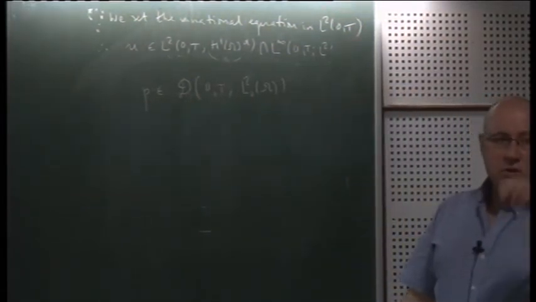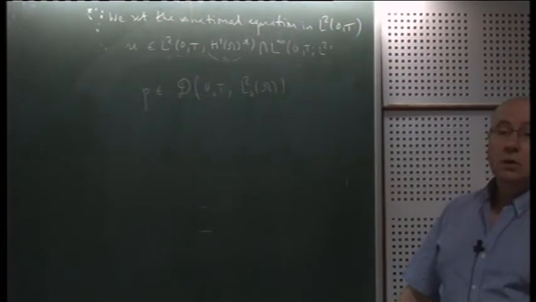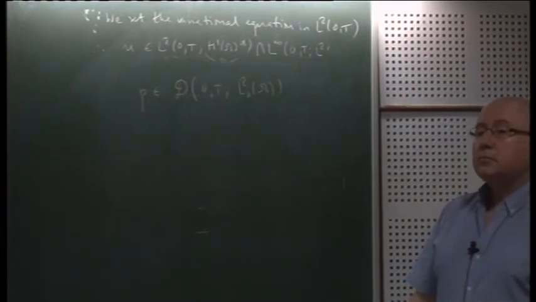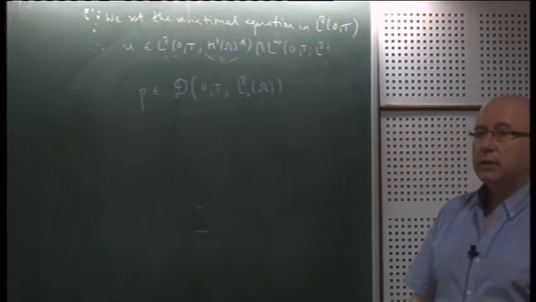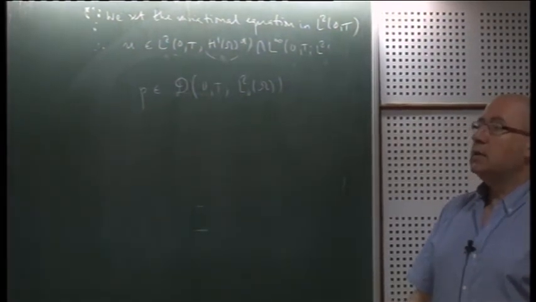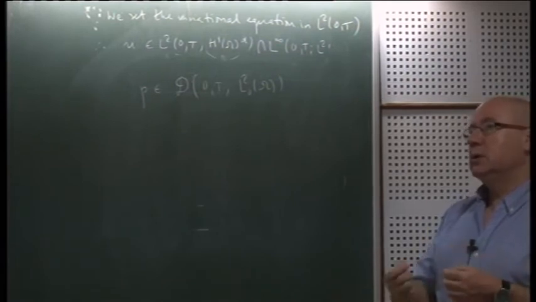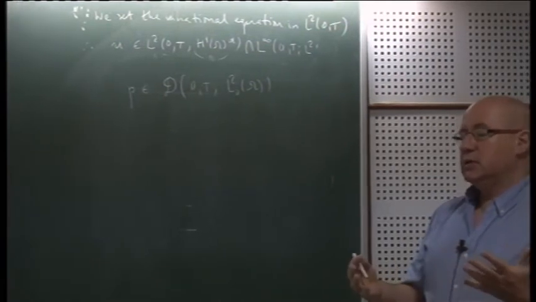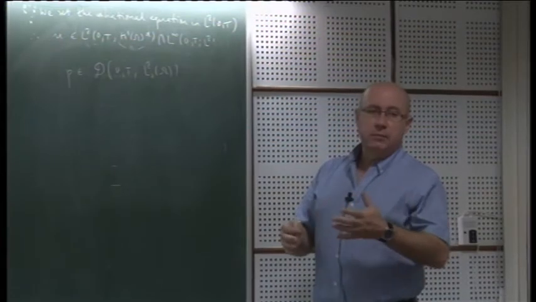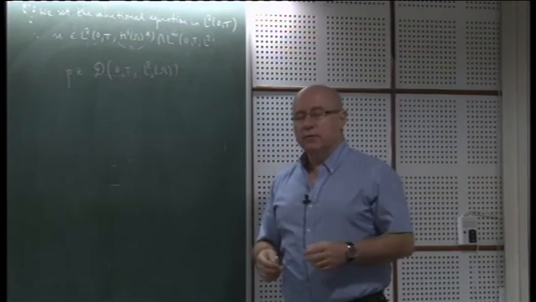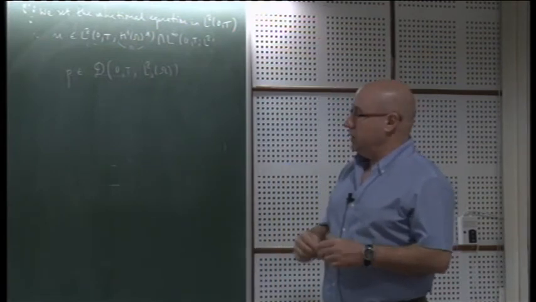Does anybody know what the space of distributions is? No, you have never seen that? You have seen a little bit about this, right? If you want to study distributions, that requires time and some analysis. If you want to use them, it's easy. The delta function, for example, is not a function, it's a distribution, and so are the derivatives of the delta function.